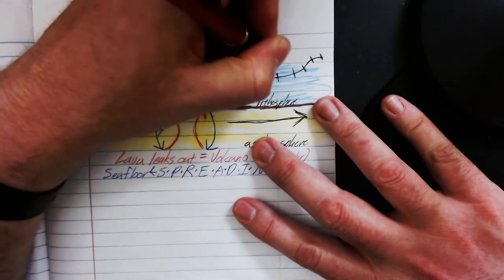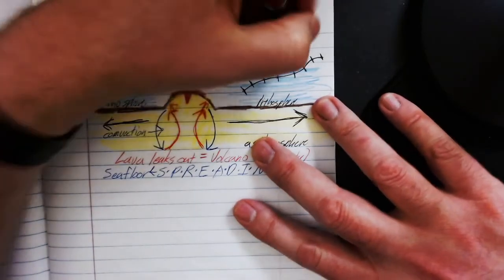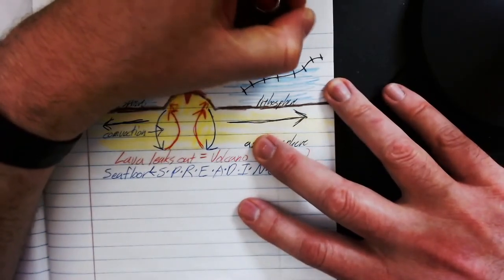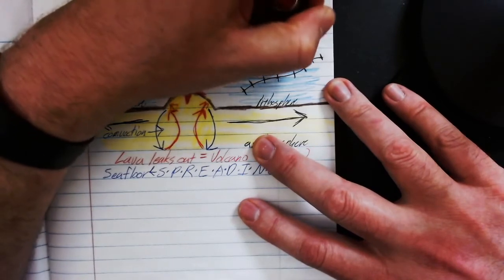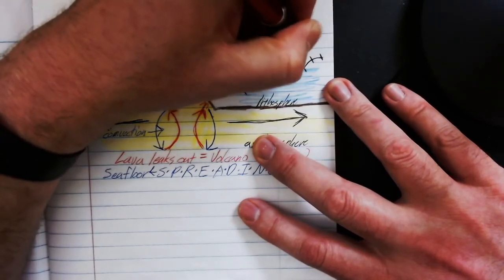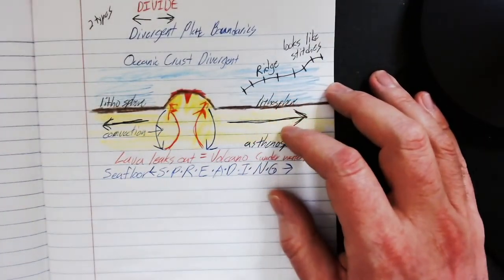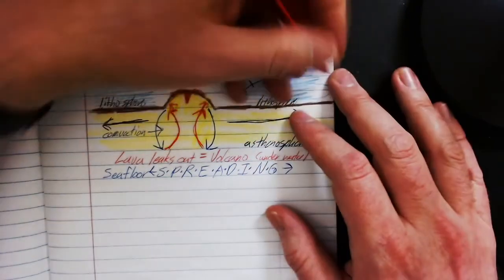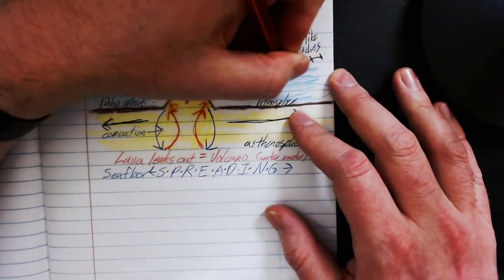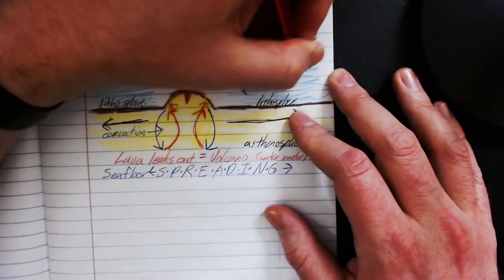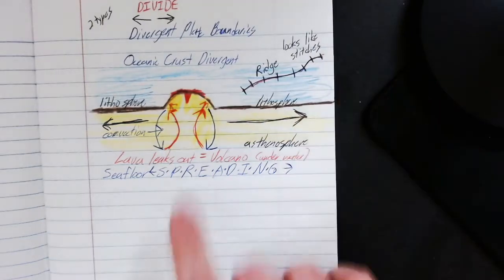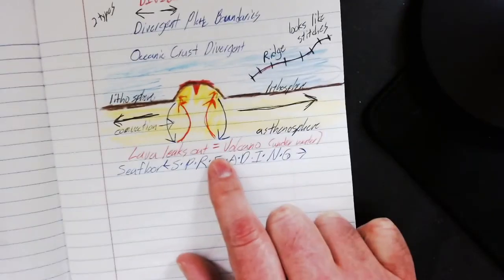And this ridge looks like stitches. So it makes a ridge in the middle of the ocean, and in the very middle of the ridge, that's where the lava is. So you've got the lava down the middle of the ridge. So that's called seafloor spreading.